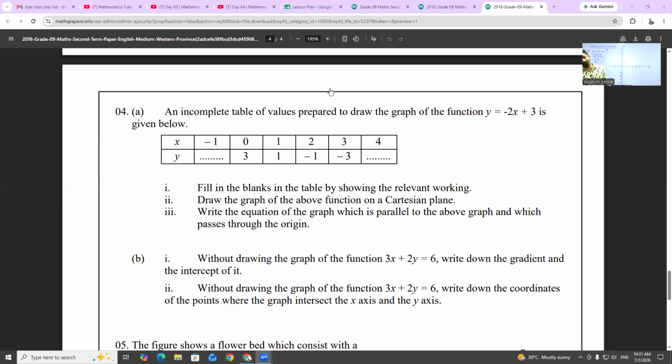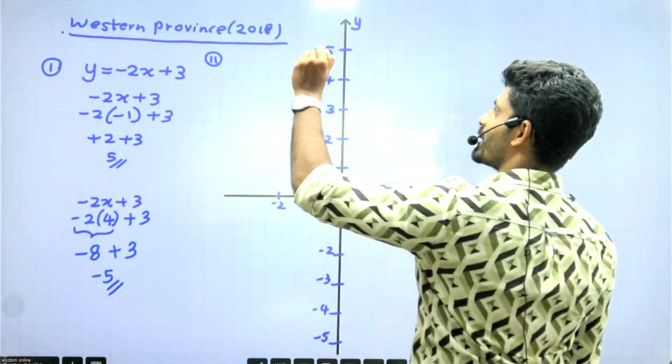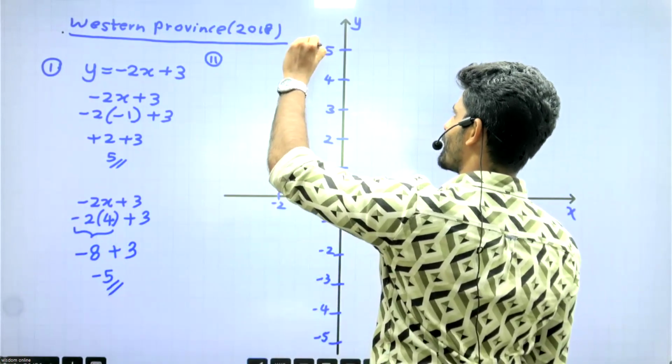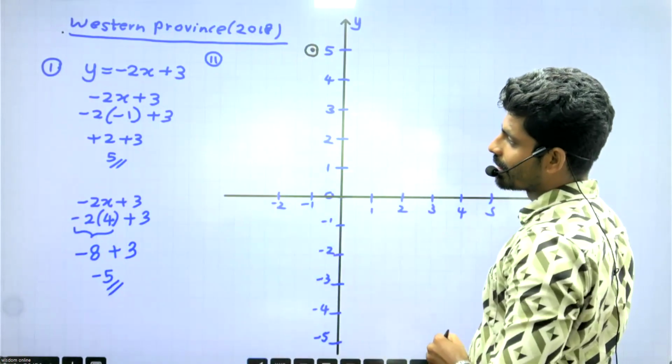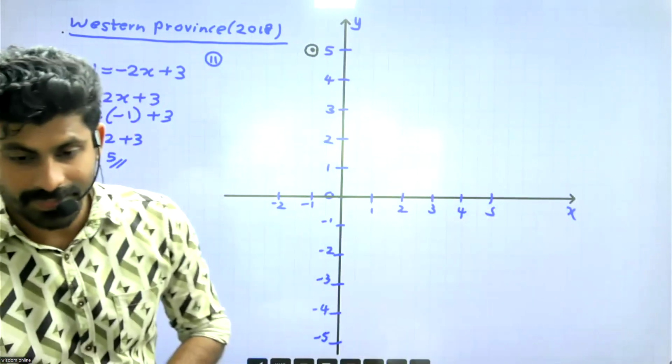What are the points? Minus 1 to plus 5. Then we draw the graph.